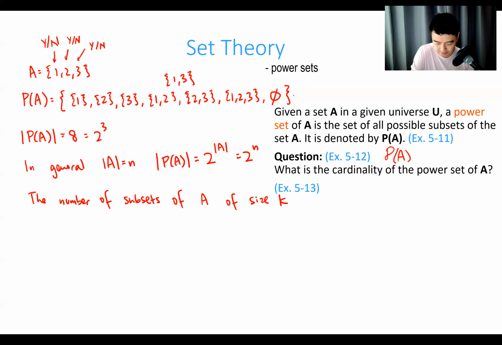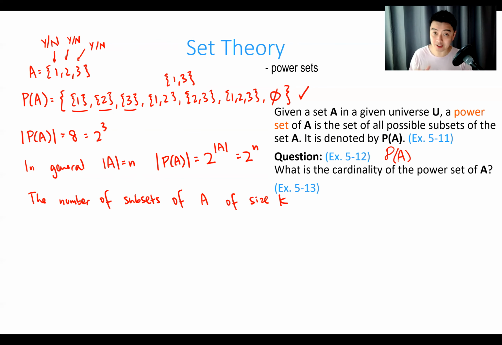If you take a look at this example P of A, I have the subset 1, the subset 2, the subset 3, and so on. If I want the number of subsets of A of size 1, how many are there? Well, there's 1, 2, and 3. All of those have size 1. So the answer is 3.